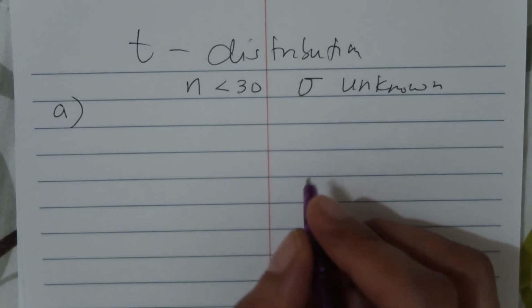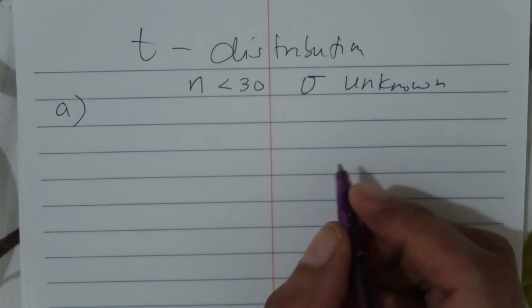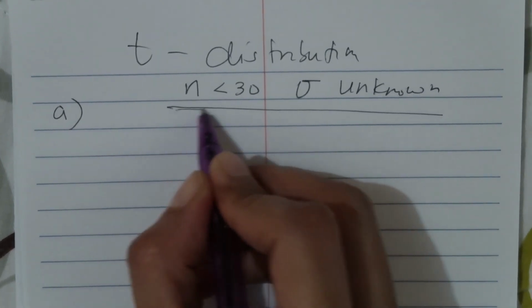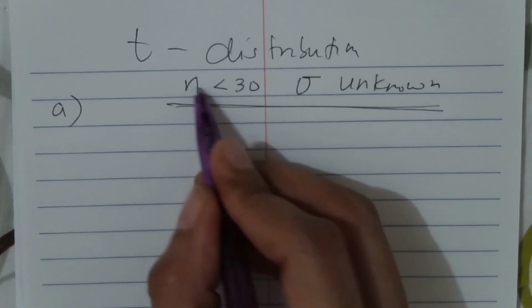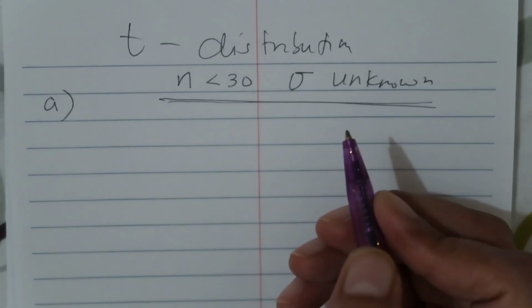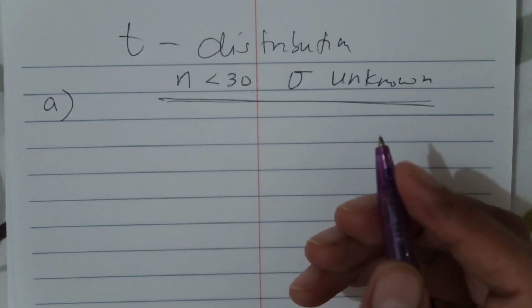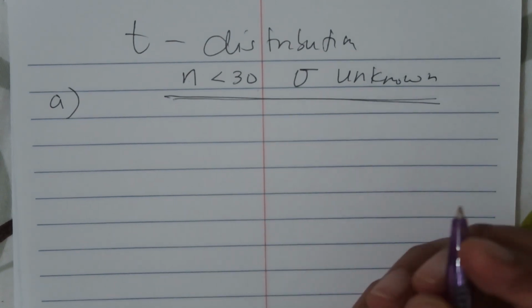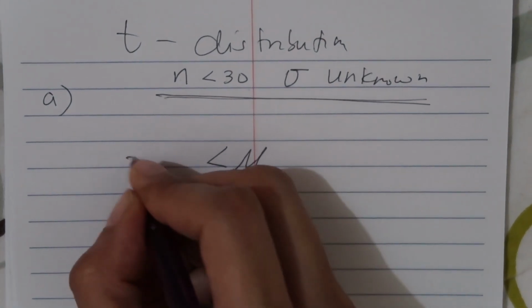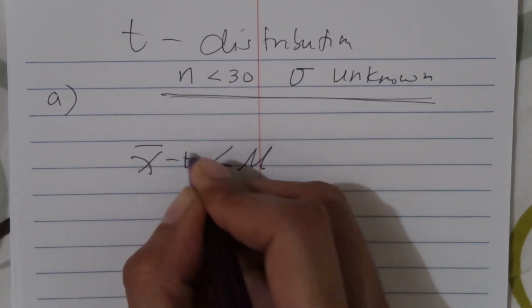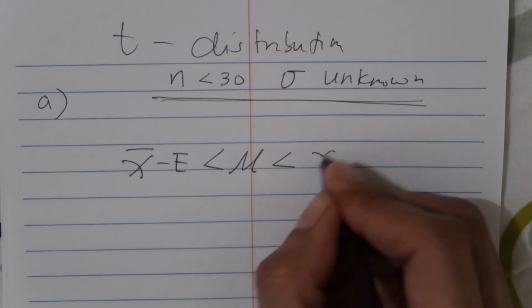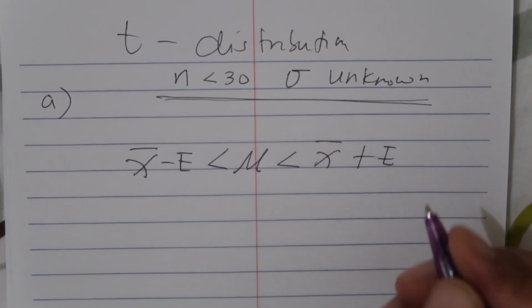So how do we write the confidence interval in this particular condition? What is the confidence interval if n is less than 30 and the standard deviation of the population is unknown? Same concept: mu is greater than the sample mean minus the margin of error, but less than the sample mean plus the margin of error.